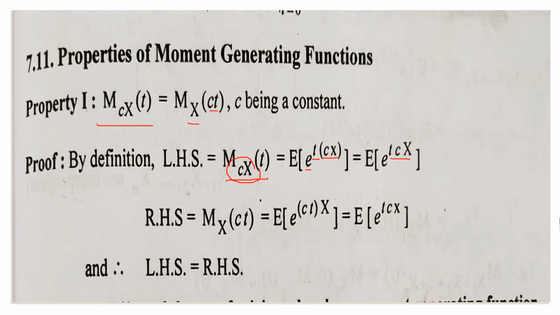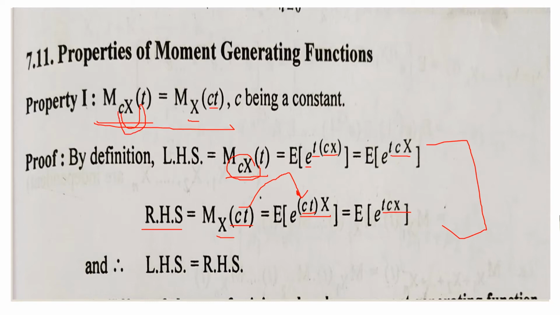Now take the right hand side, moment generating function of X at ct. So it is e^(tX), where instead of t we have ct, so we write ct here, and opening the bracket it becomes like this. So both things are the same. This property is a simple thing: if you can easily put c inside the bracket, you can easily take c outside the bracket.